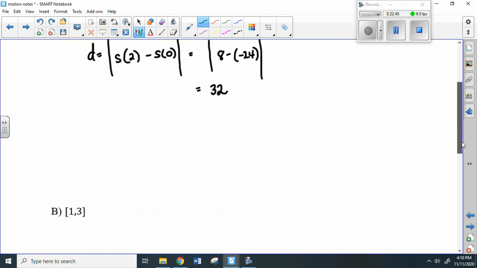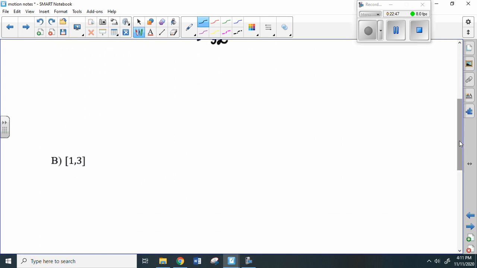All right, but if I ask you for total distance from say 1 to 3, but we know that the particle changes direction at time 2, we're going to have to break the interval. We're going to have to find the total distance for the interval from 1 to 2 and then add it to the distance for the interval from 2 to 3.